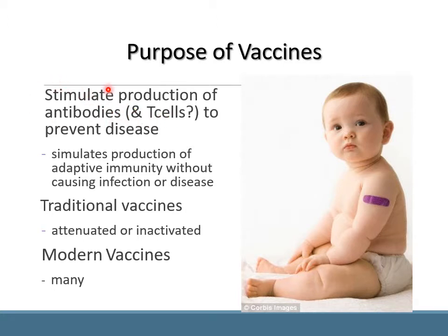But we want to stimulate the immune response, antibodies and T cells, to prevent disease. That stimulation produces a response by the adaptive immunity, but it does so without causing infection or causing disease. So that's the idea of vaccines, to stimulate the immune system but not cause disease.